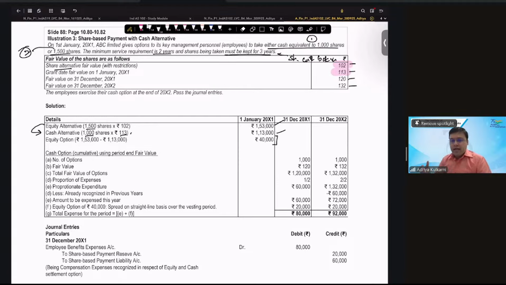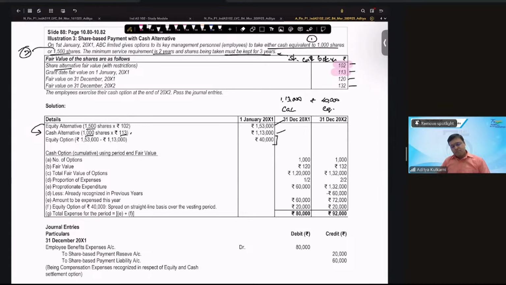So Sanjay has a cash option on the grant date of 1,13,000 plus an equity option whose fair value is 40,000. In future, he can either get cash or equity. But as of today, he has this option, which is more valuable than what Ayush has, which is why you will have to recognize the value accordingly.